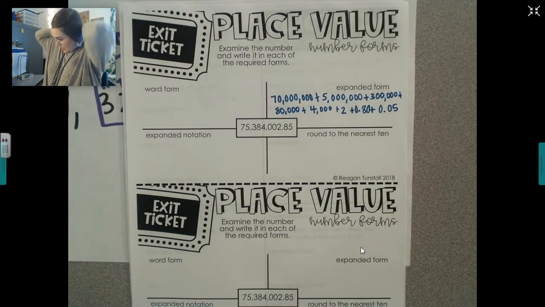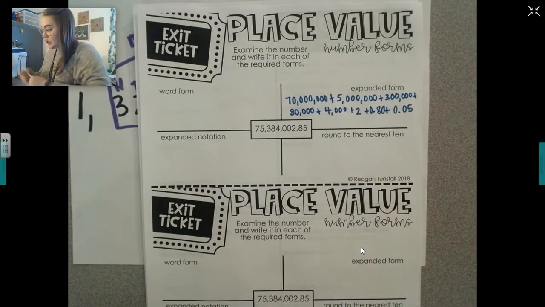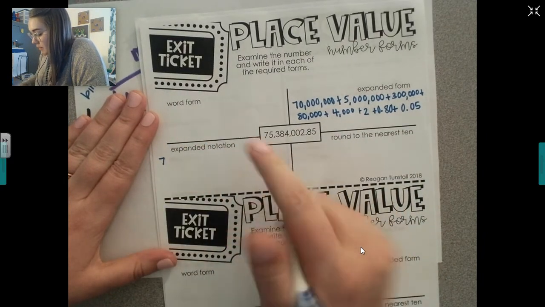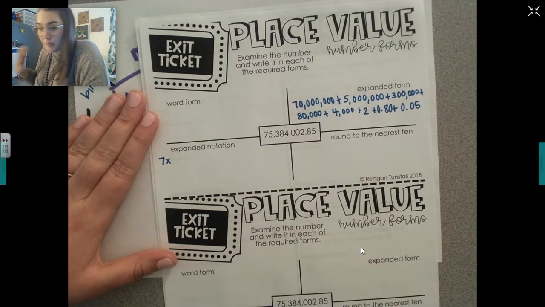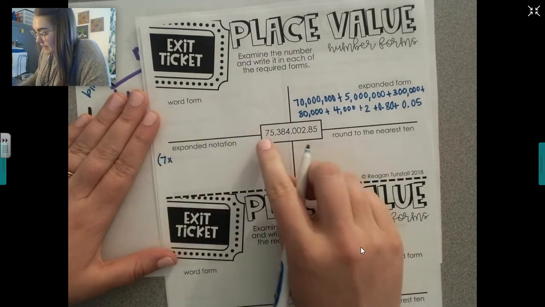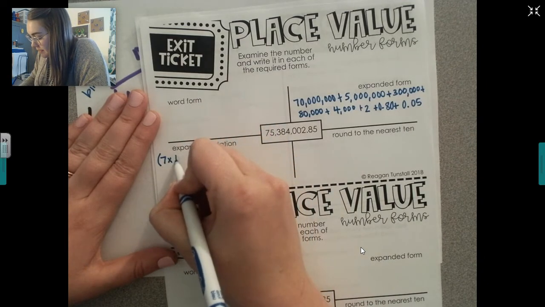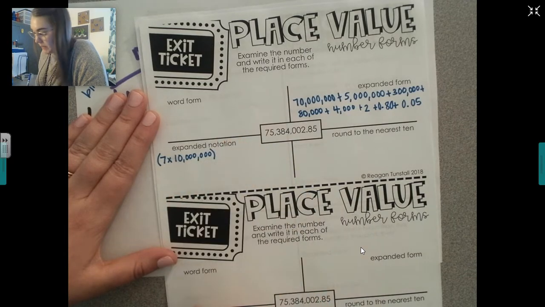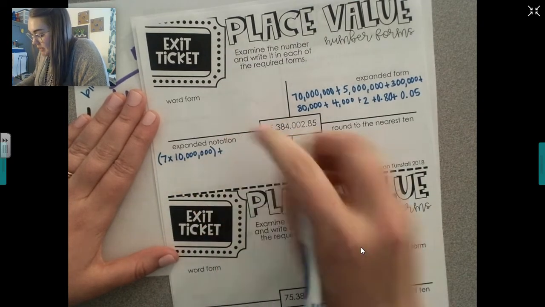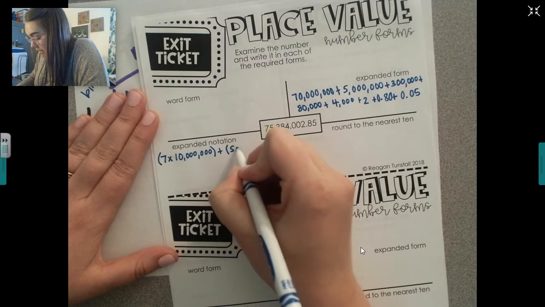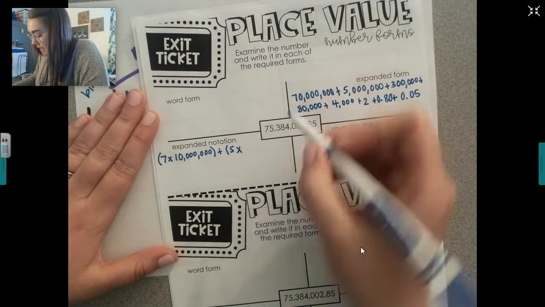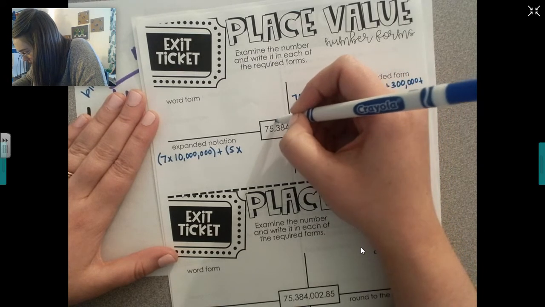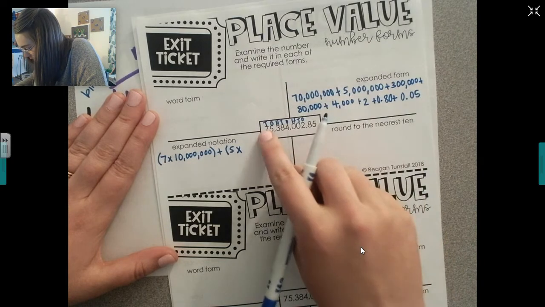Okay, now if I was going to do expanded notation, that is where you would write the number and you would multiply it by whatever place value it's in. So I have a 7, and I would multiply it by the 10 millions place. And then I would add it to the next one. So I would have a 5 times whatever place value it's in. So if this is the ones, tens, hundreds, 1,000, 10,000, 100,000, 1 million, 10 million, this is the 1 million.